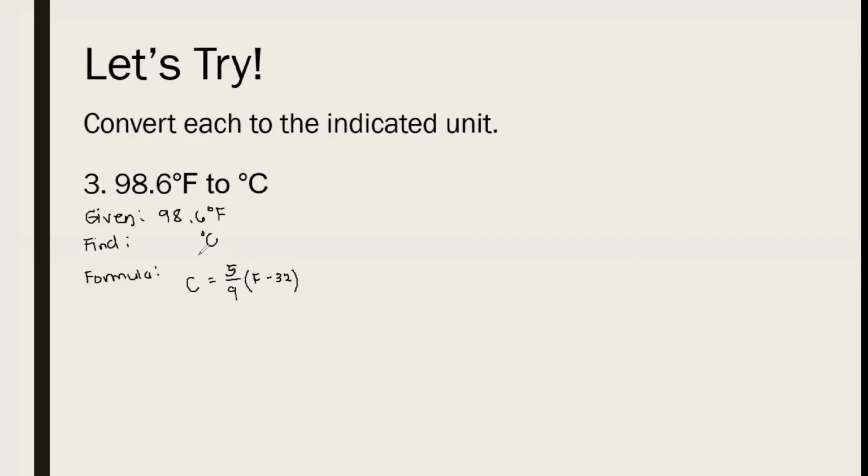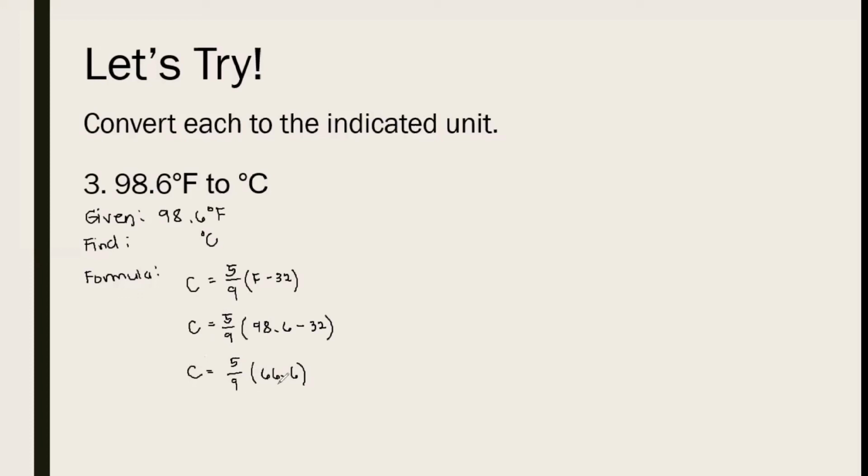So first step here is to substitute the given degrees Fahrenheit to the formula. So we have C is equal to 5 over 9 times F here will be 98.6 minus 32. Following the concept of PEMDAS, we have to simplify what's inside the parentheses first. So 98.6 minus 32 is equal to 66.6.